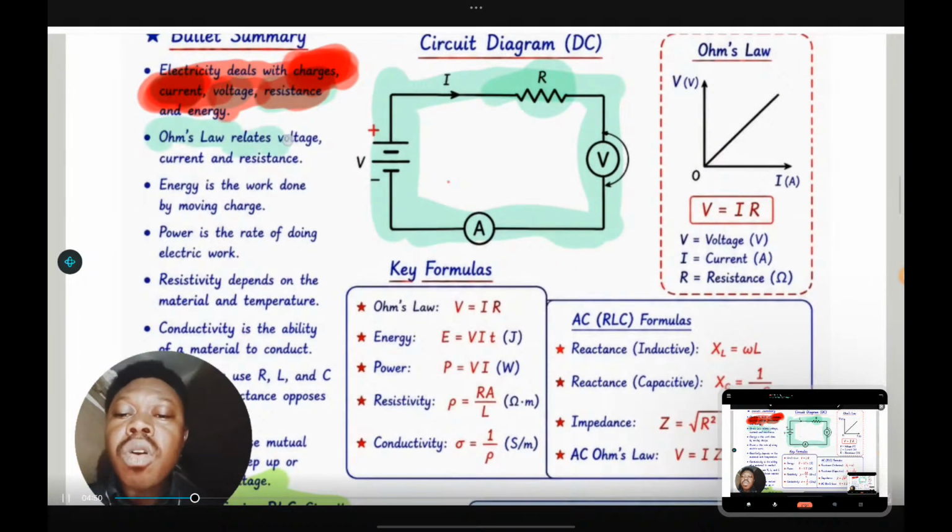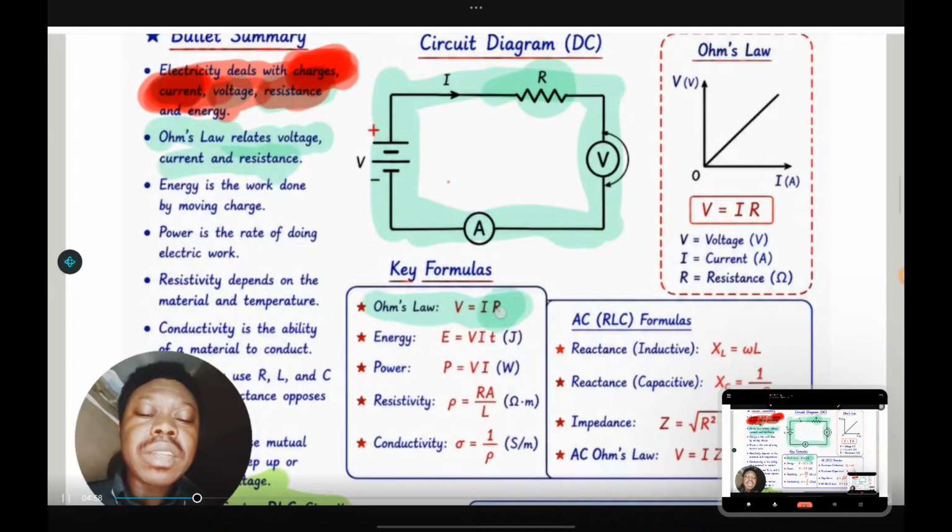You should know that Ohm's law relates voltage, current, and resistance. Hence, Ohm's law says V equals IR, where R is constant. Voltage and current vary directly proportional to each other. As voltage is increasing, current will increase. As voltage is decreasing, current will decrease.